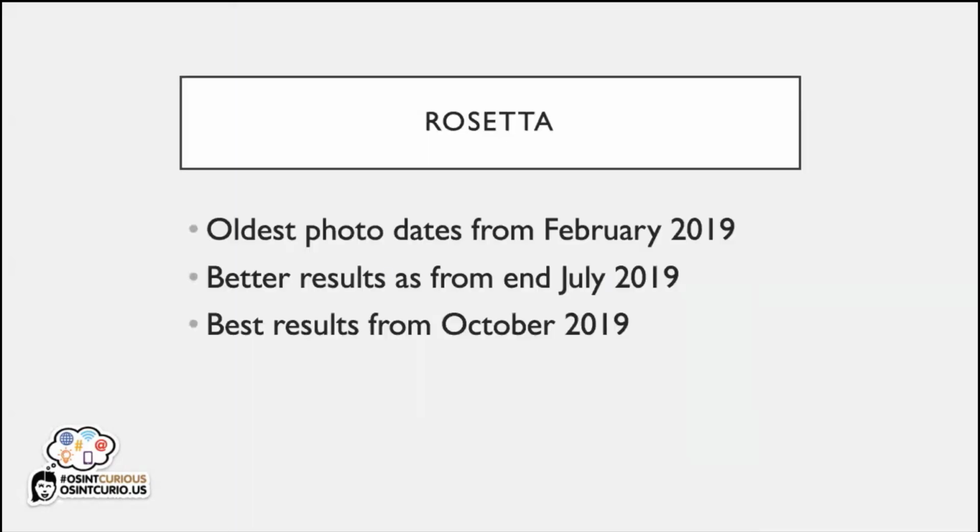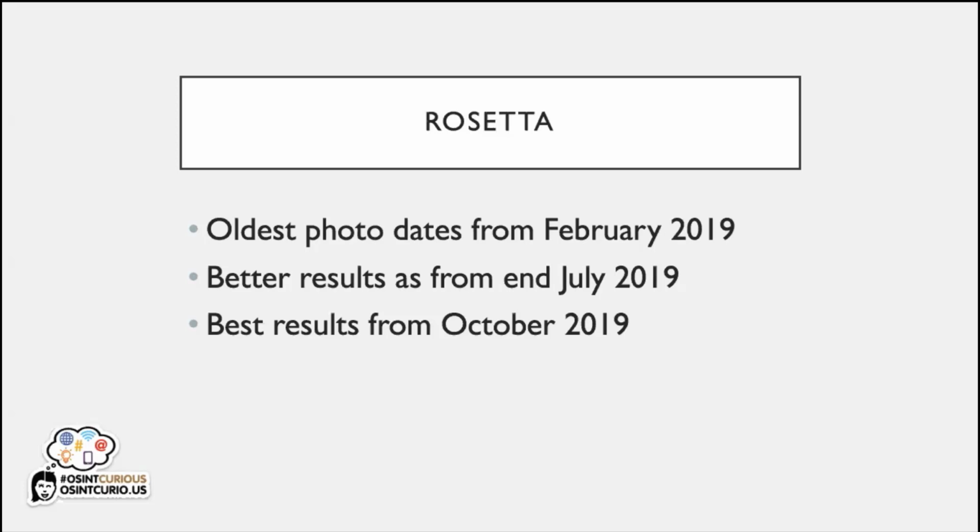This is not actually working really well yet. I've done some investigation to see what kind of results are the best. What I've found is that the oldest photo dates back to February 2019.